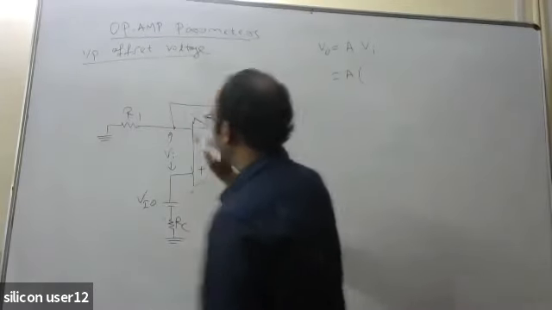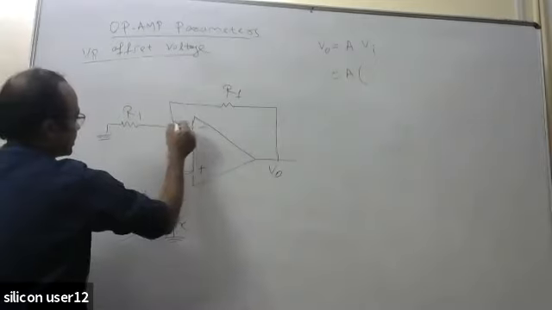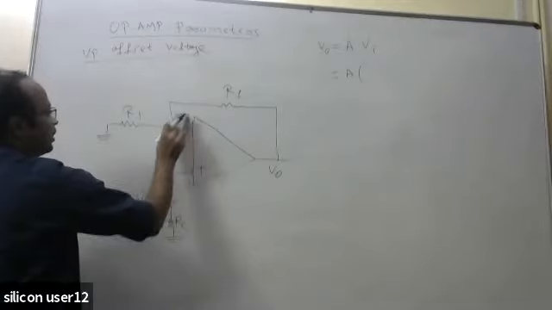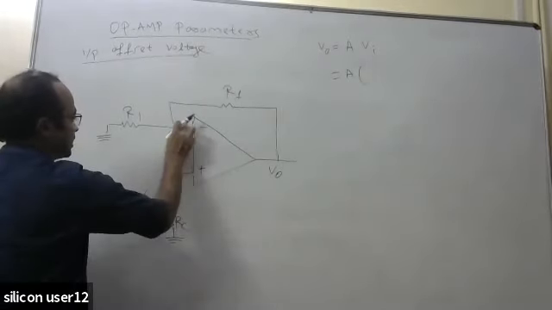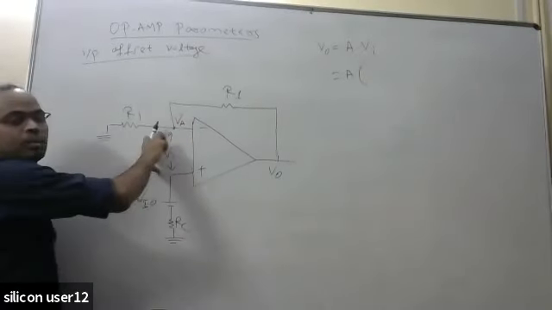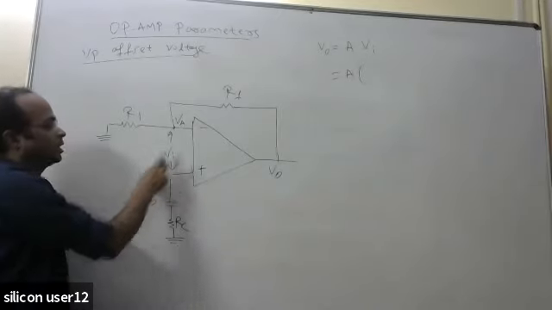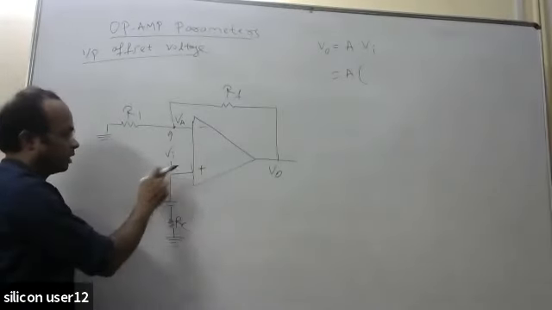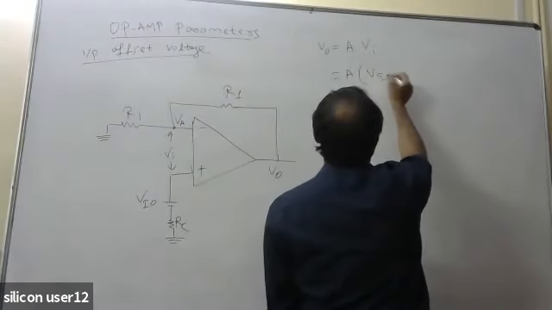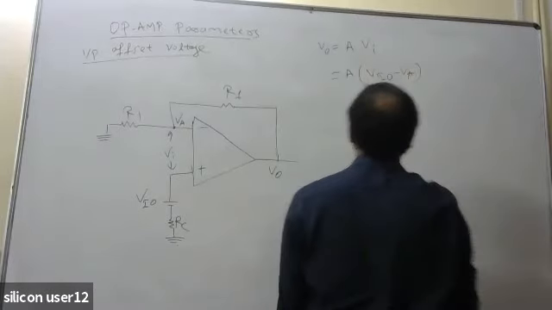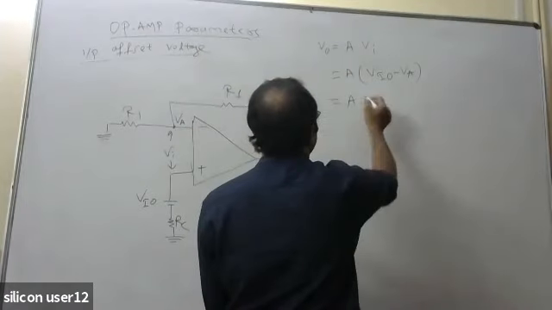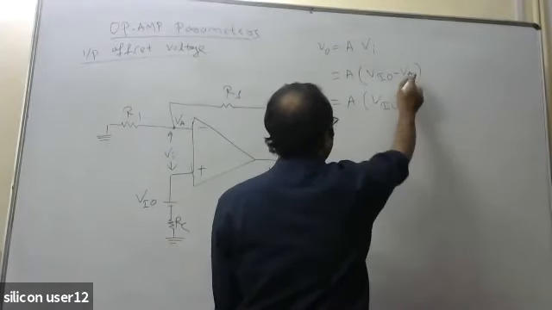Let us say this node is A and the voltage at this point is VA. So the net difference is VIO minus VA.